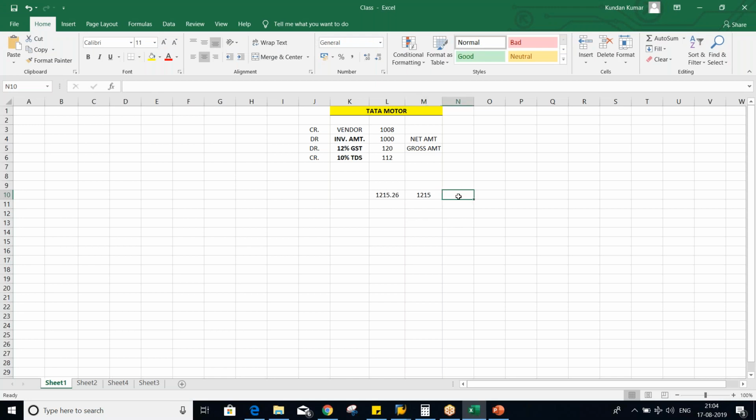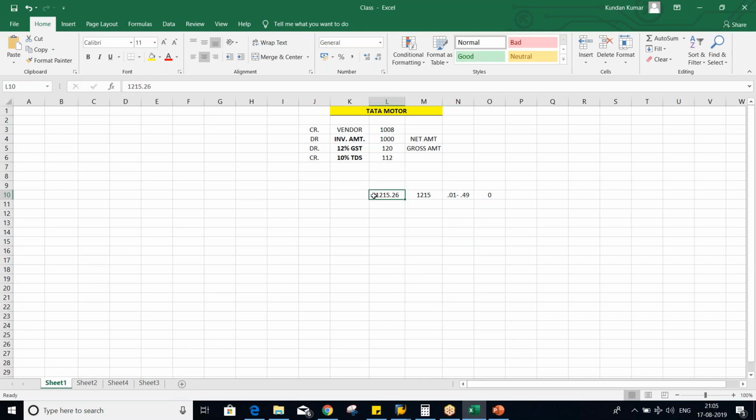It means from 0.01 till 0.49, the system is going to count it as 0.